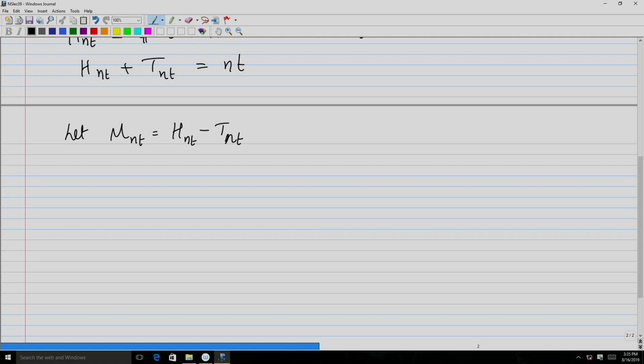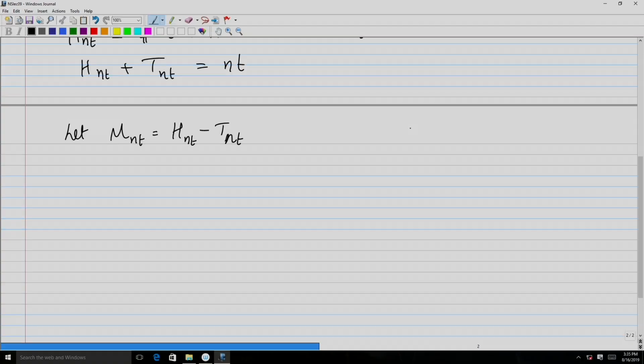Okay. One can also identify M_{n_t} to be a symmetric random walk process. This is an observation: if you associate an up movement of unit size 1 to each of the heads and -1 to the tails, then M_{n_t} in general can be associated with a symmetric random walk.